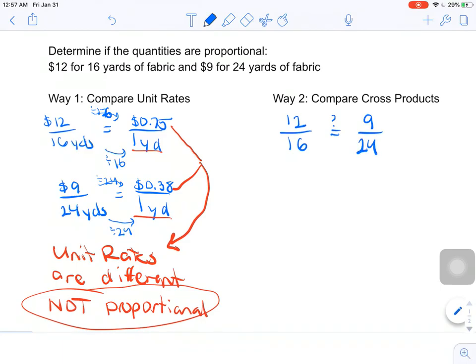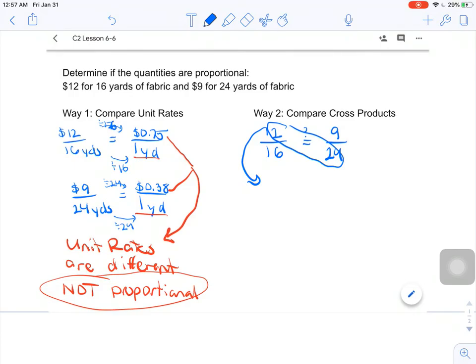So the other way that you could do this would be to take your cross product, so multiply 12 times 24, and that gives you 288. And then if I multiply the other way around, 16 times 9, that gives me 144.